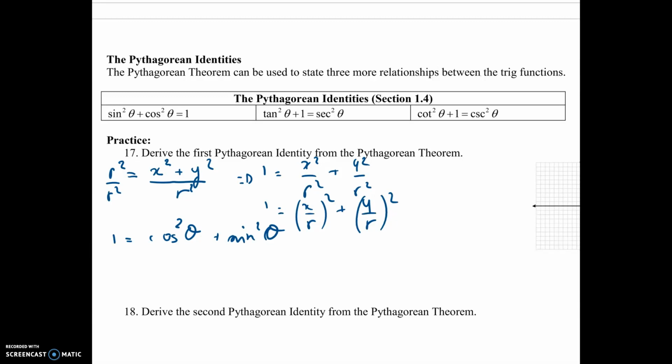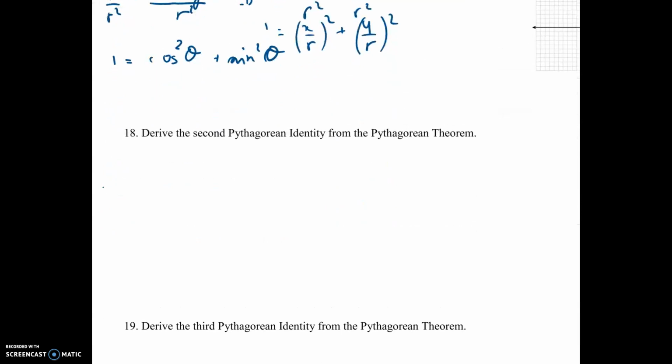Now derive the second Pythagorean identity from the Pythagorean theorem. Let's go back to r squared equals x squared plus y squared. Let's say that I divide by x squared everywhere.